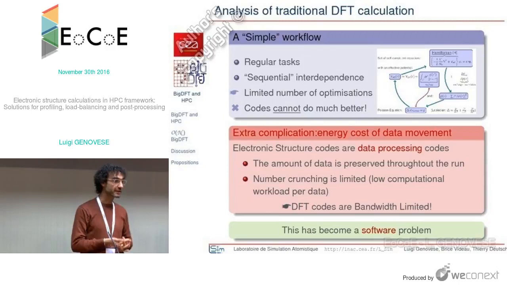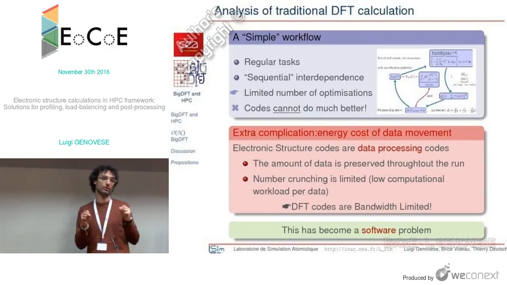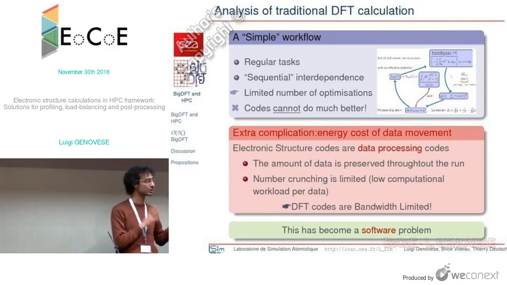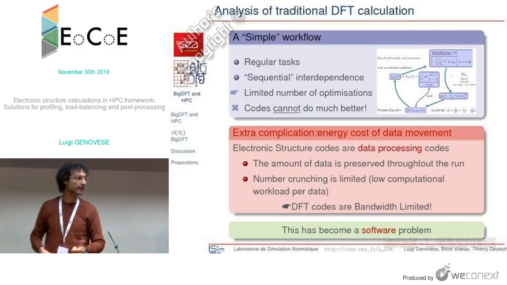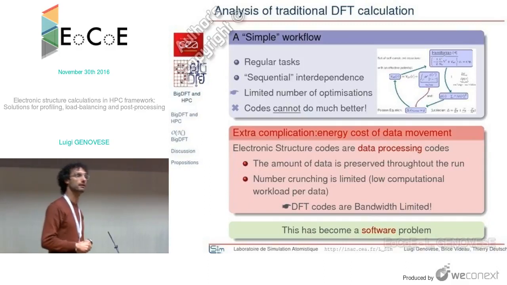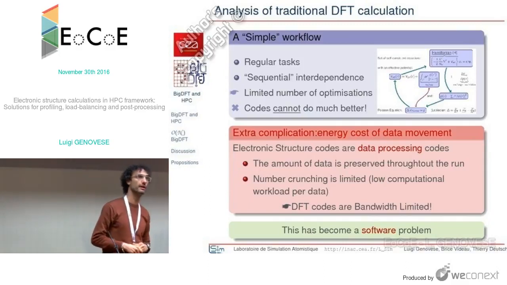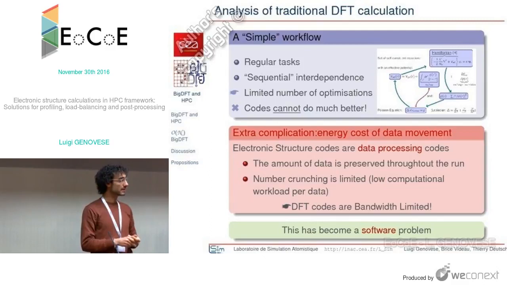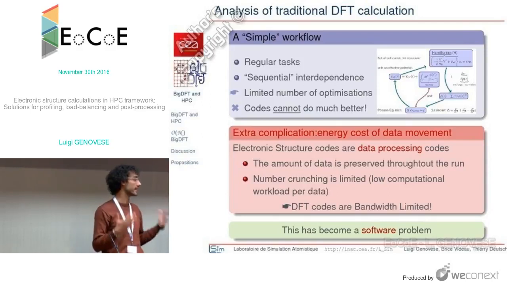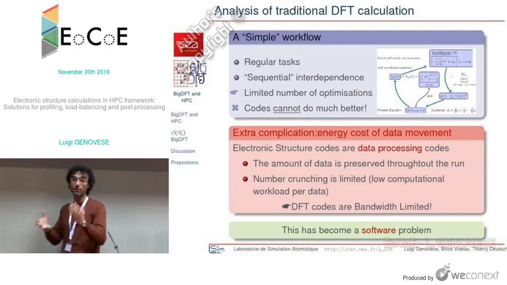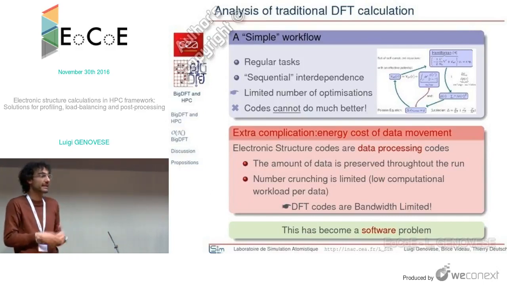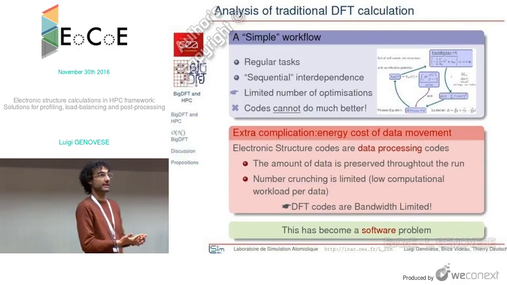The DFT code is essentially a data treatment code, at least for the class of codes which belongs to what is called the systematic basis sets, like plane waves, wavelets as an example, finite differences, and so forth. So the main reason is that transferring data now costs more than calculating data. And as the amount of data in a DFT cycle is always constant, essentially one might think of DFT codes as data processing codes.